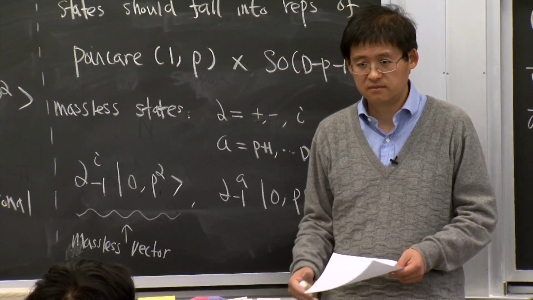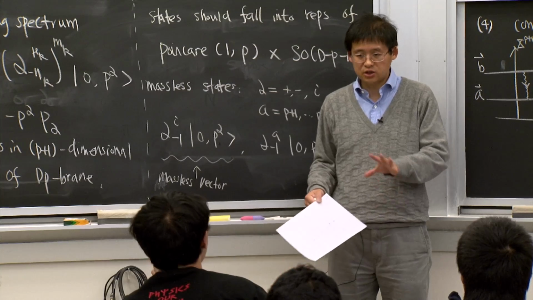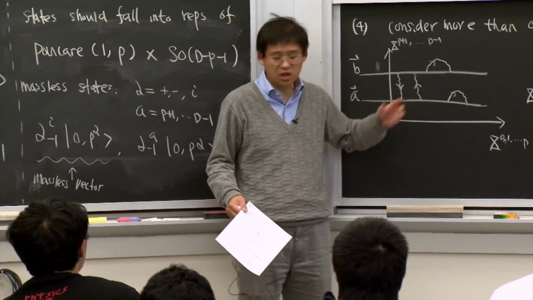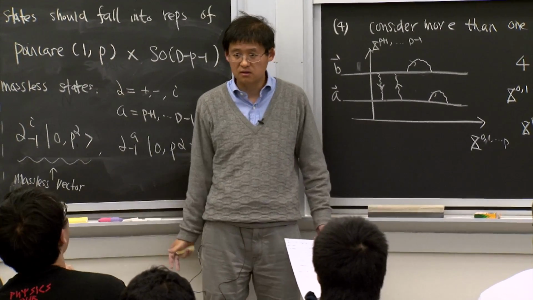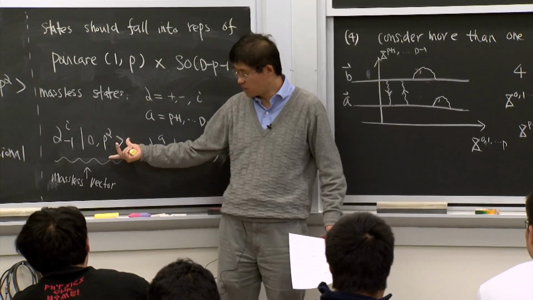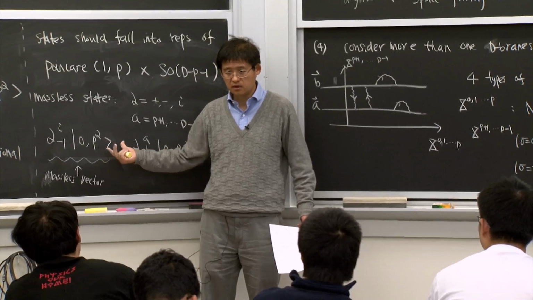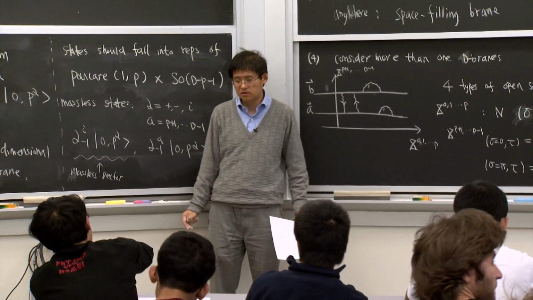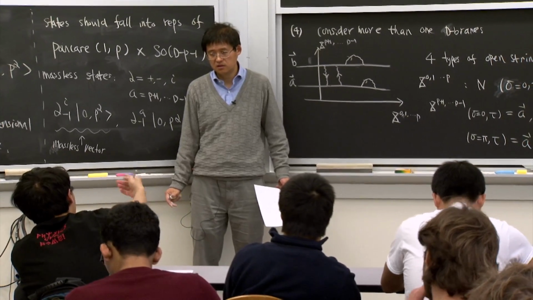Let's say if we just stretch the string. Stretching the string corresponds to exciting the string in a different way. It means leaving this particular state. I'm talking about the interpretation of this particular state, which is like a space-time particle. Actually, this state determines all the configuration of the open string.